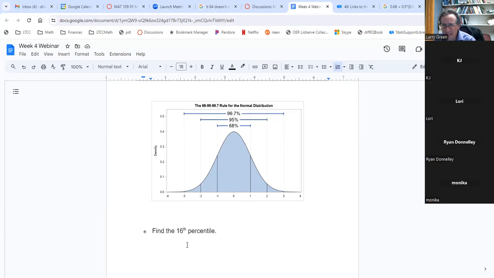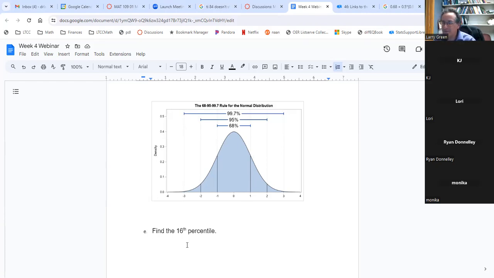Yeah, if you're in the 16th percentile, you're not tall. 16th percentile means 16% are shorter than you, and everyone else is taller than you. That's what percentile means. Is that clear? So that means 16% are shorter than you, and 84% are taller than you. You're a pretty short person. Does that make sense?